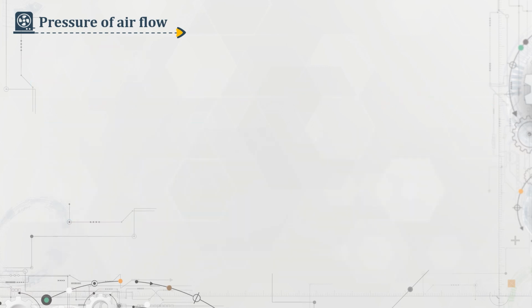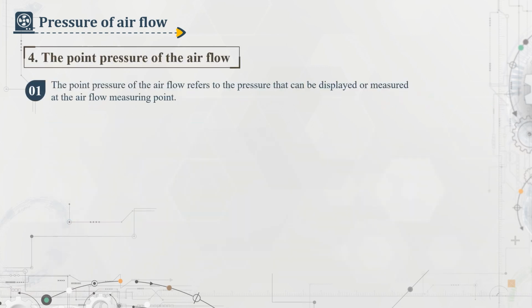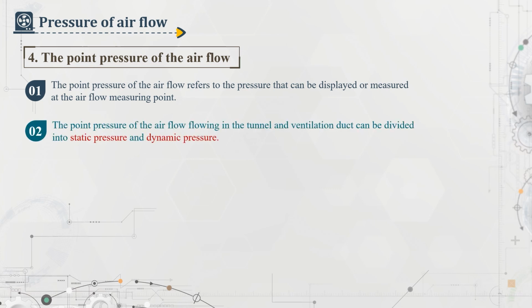Generally, the dynamic pressure of wind flow at a certain section is calculated by the average wind speed of the section. The point pressure of the airflow refers to the pressure that can be displayed or measured at the airflow measuring point. The point pressure of the airflow flowing in the tunnel and the ventilation ducts can be divided into static pressure and dynamic pressure.